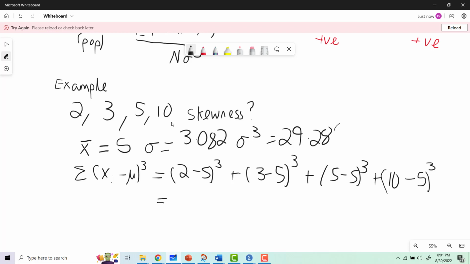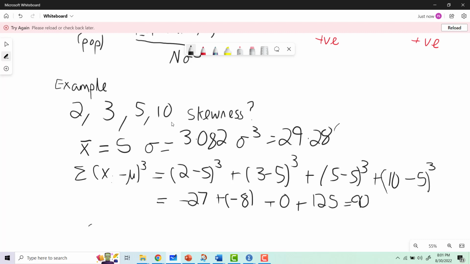So we have minus 3 to the 3, which is minus 27, plus minus 2 to the 3, which is minus 8, plus 0 to the 3, plus we have 5 to the 3, so 5 times 5 times 5 is 125, which gives us a numerator of 90.